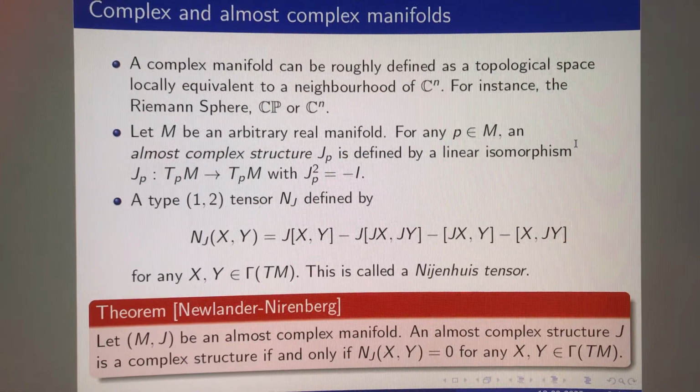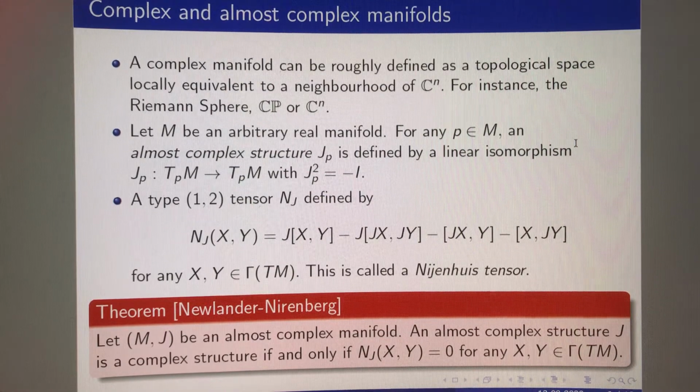In order to make an almost complex manifold into a complex manifold, we have the following theorem, which states a necessary and sufficient condition for an almost complex structure to be an integrable almost complex structure, that is, a complex structure.